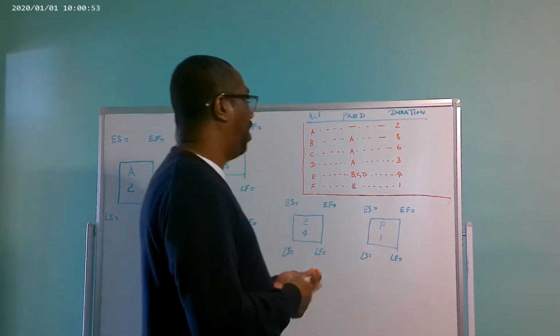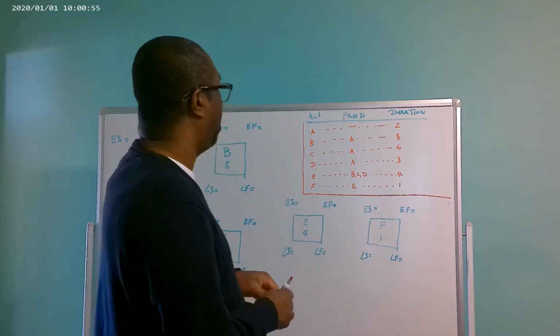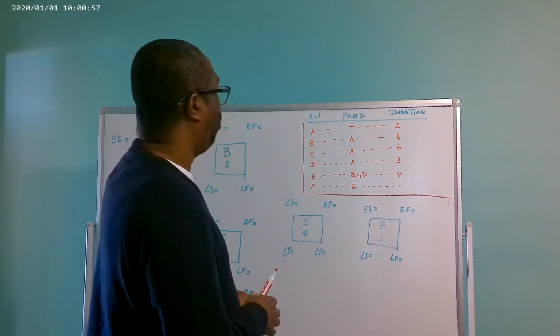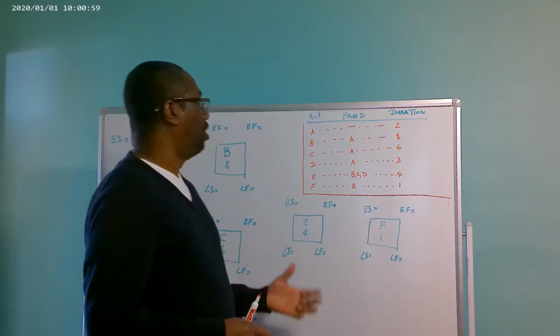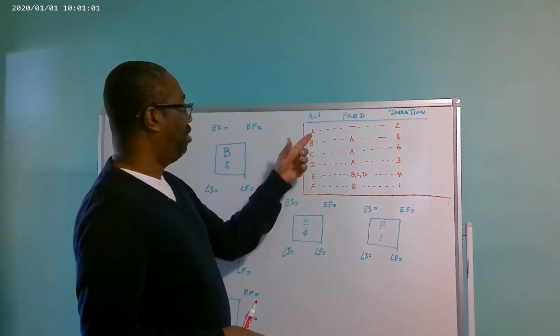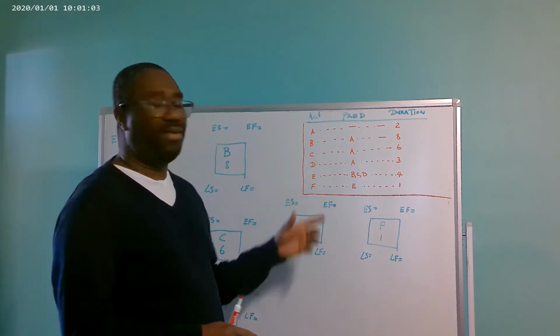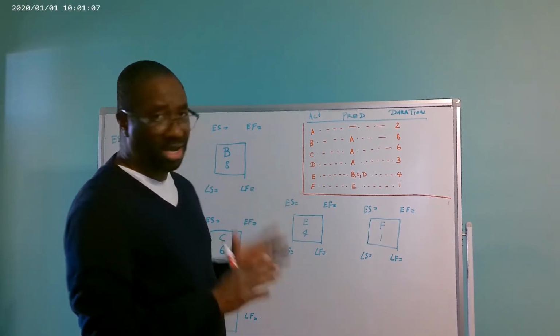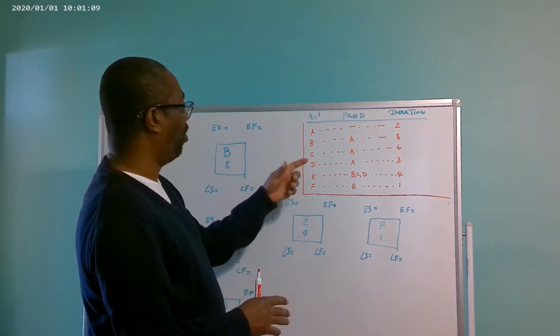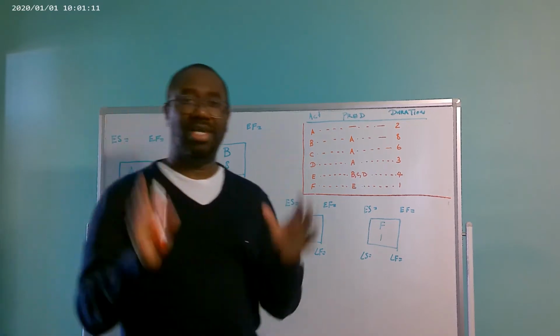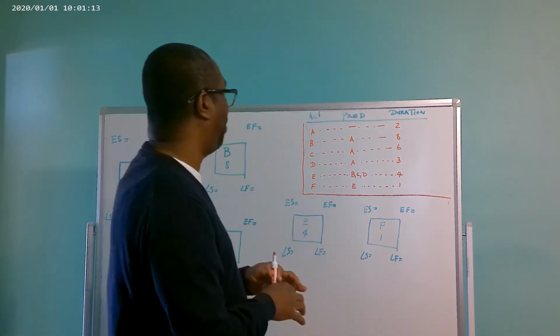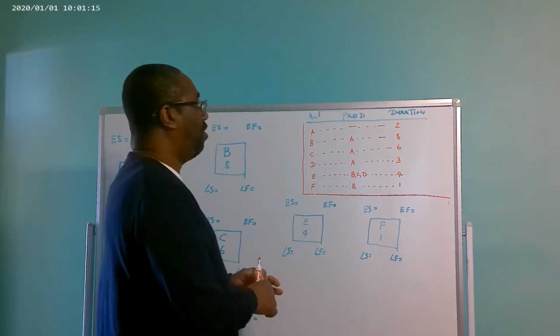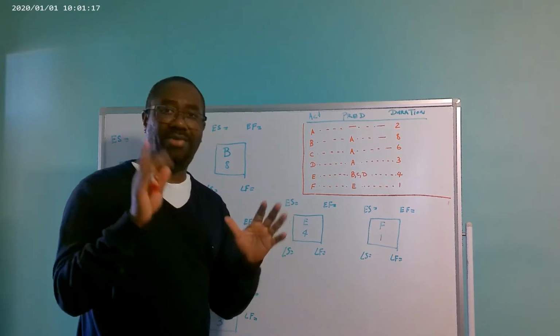So in this example, we have activities A through F. So we have activity A, B, C, D, E, F. We have 6 activities, and the durations are as follows.